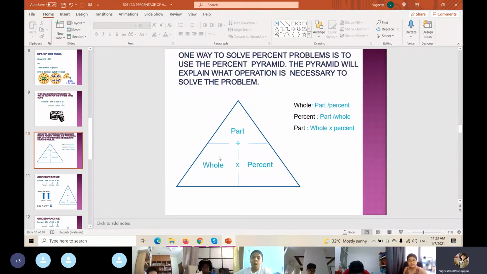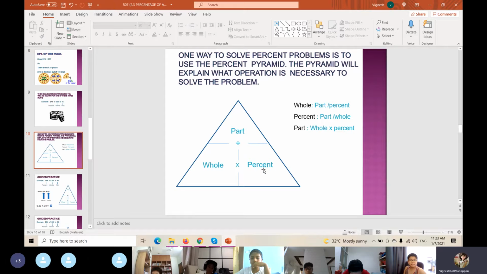If the whole is not given, these two things they must give. Don't worry, it will be given: the part will be given and the percentage will also be given. If you want to find the value of the whole, if you think of the pyramid, you automatically know that it is part divided by the percentage.